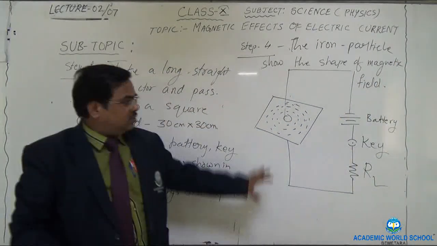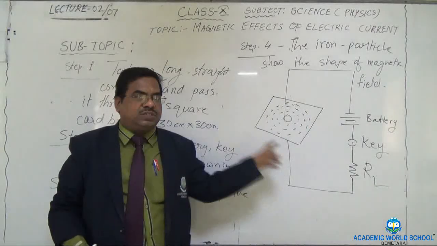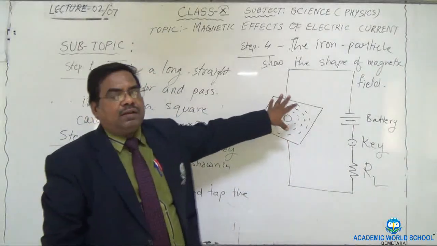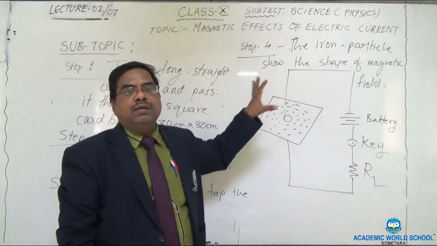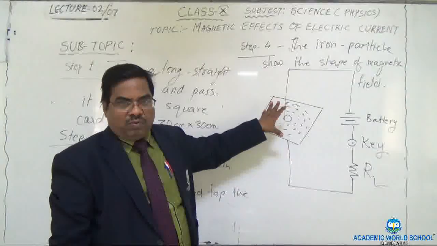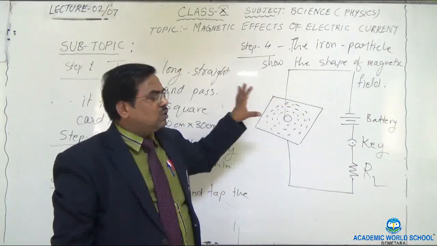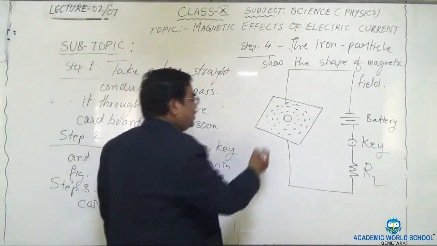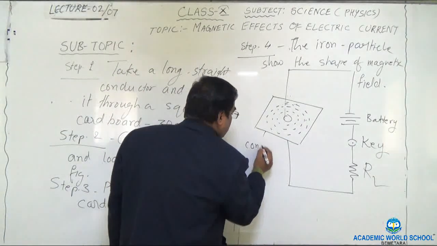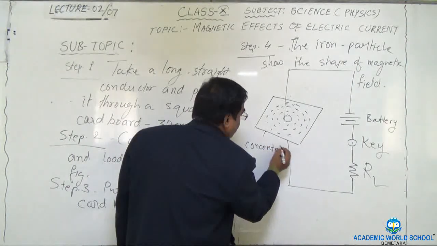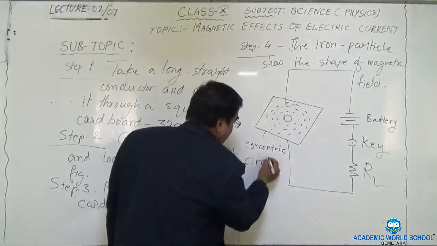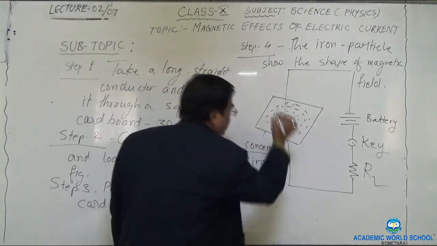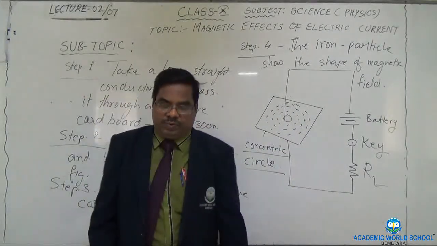Here the iron particles in the circular shape are actually representing the magnetic field shape. What is the shape? It is concentric circles. This is the shape.